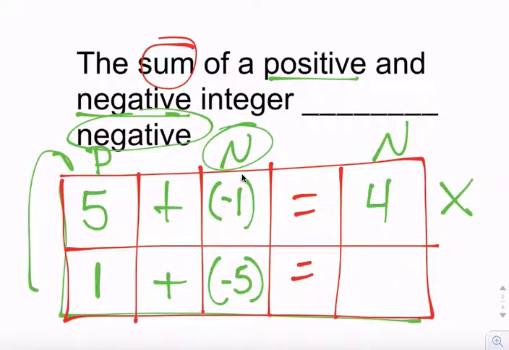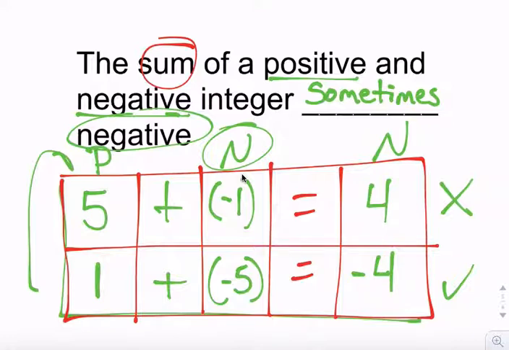I can then add these two together. 1 plus a -5 is going to result in a -4. Now this one worked. When I added 1 plus a -5, I did get a negative response. So in this case, the sum of a positive and a negative integer sometimes will result in a negative response.